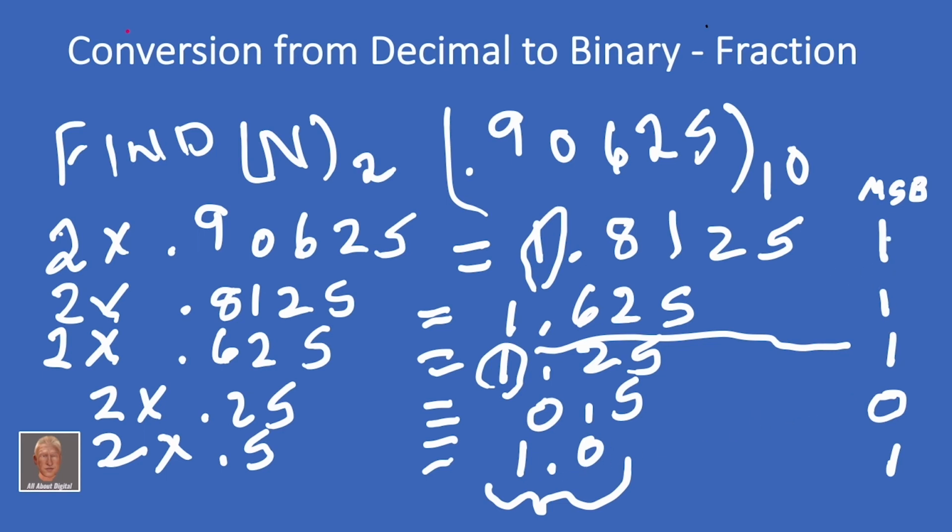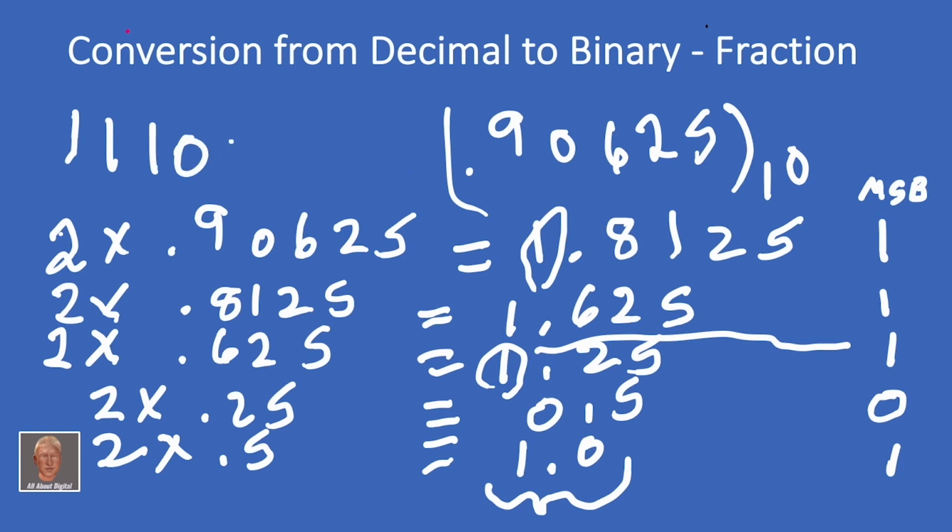So the conversion result is 11101. So put that up here. 0.11101 to the base 2 is exactly equal to 0.90625 base 10. And it's exactly equal because the result at the end here came out to be 1.0.